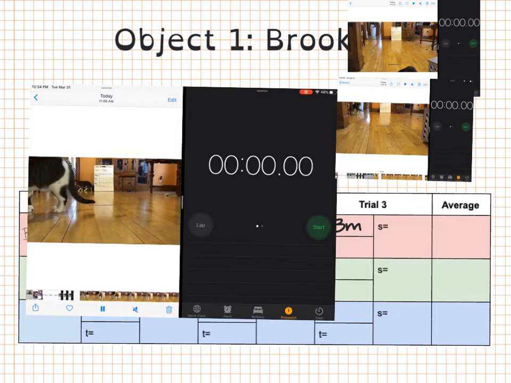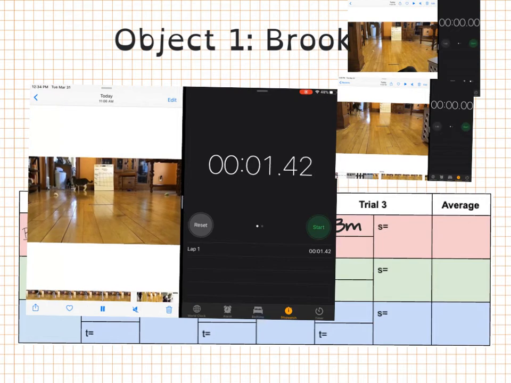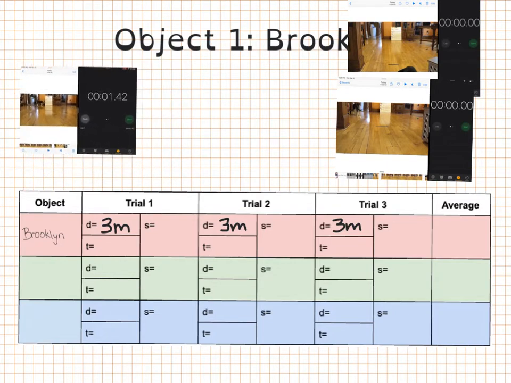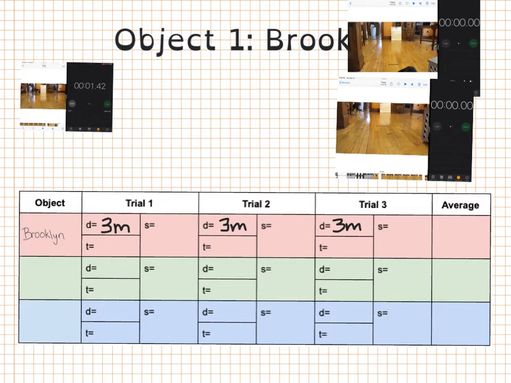All right, so from point A to point B, from one end to another, it took Brooklyn 1.42 seconds. So I'll shrink that video up. We have now watched it. And it took 1.42 seconds.